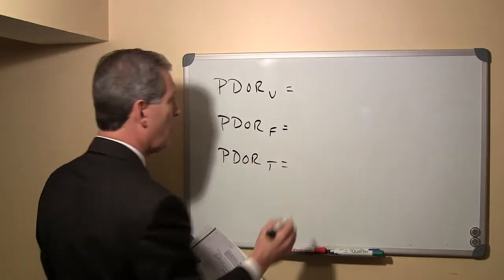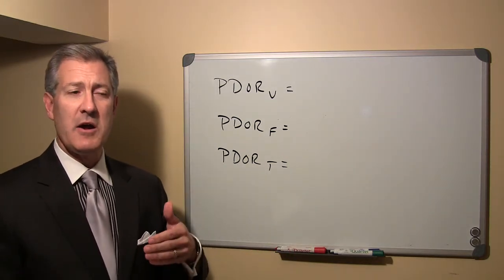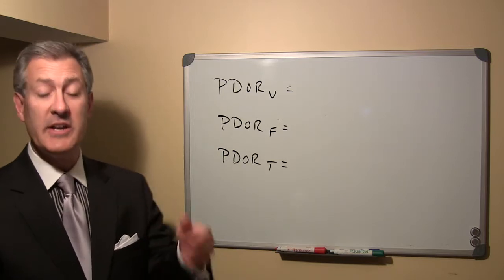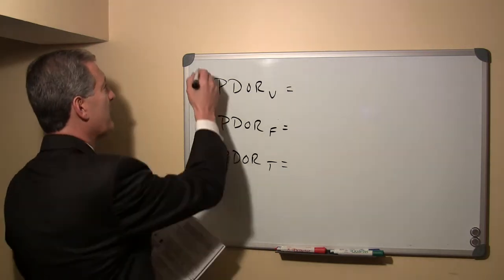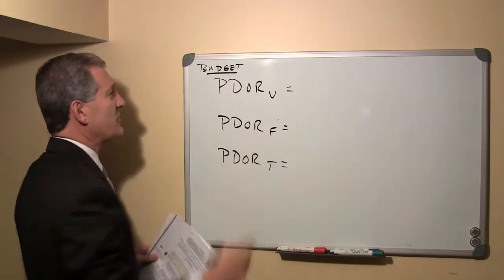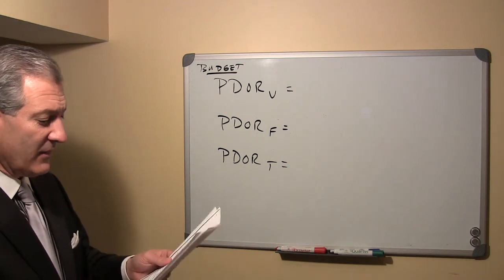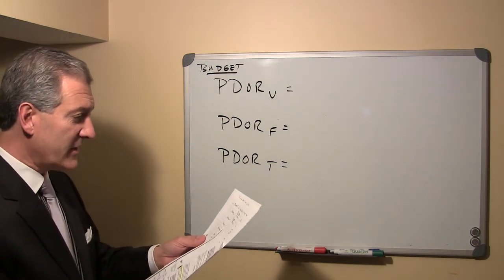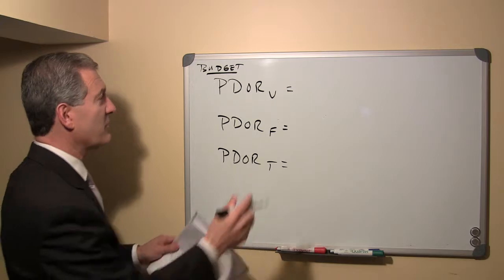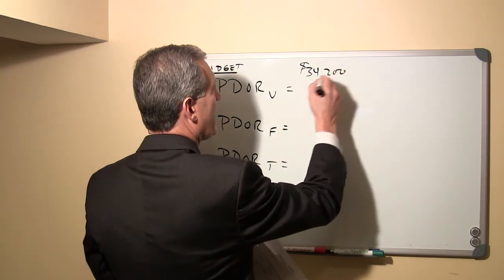And as you recall, the predetermined overhead rates are calculated from the budgeted information. So that's going to be from that first box, and you're looking for the budget numbers. The first box tells you that the budgeted variable manufacturing overhead is $34,200.